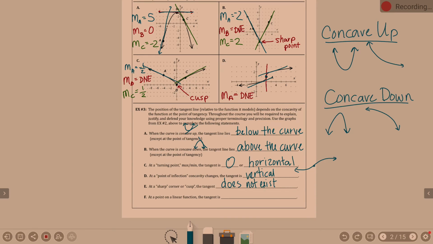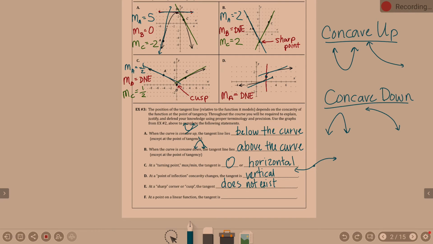And at a point on a linear function, the tangent is, so we didn't have a linear function, but we had a v up here, yes? Each piece was linear. What was the slope of the tangent line? It was the same as the slope of the line.